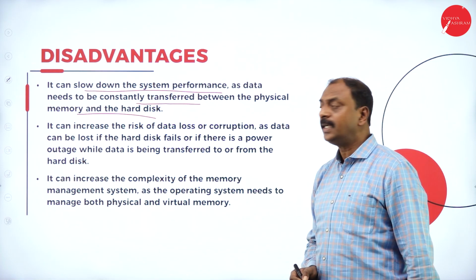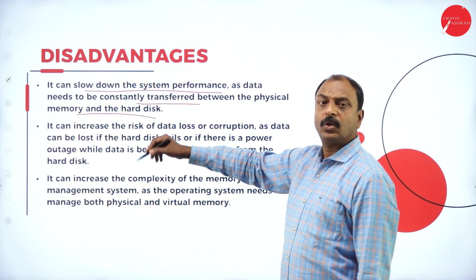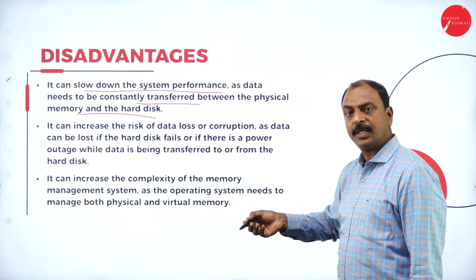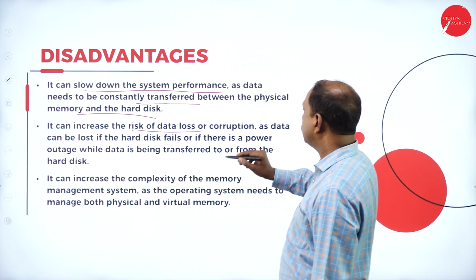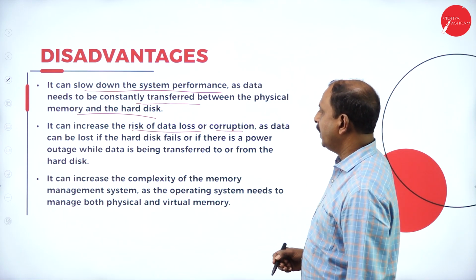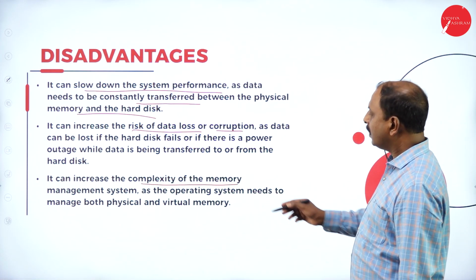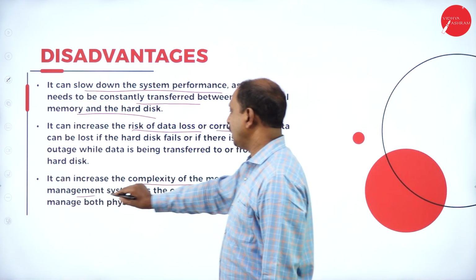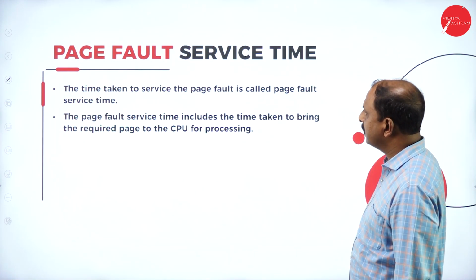The drawback is that it slows down the process because of swapping, I mean roll in or roll out, or swap in or swap out. Then it increases the risk of data loss or data corruption, and it increases the complexity of the memory management system. See, these are all the drawbacks or disadvantages of demand paging.